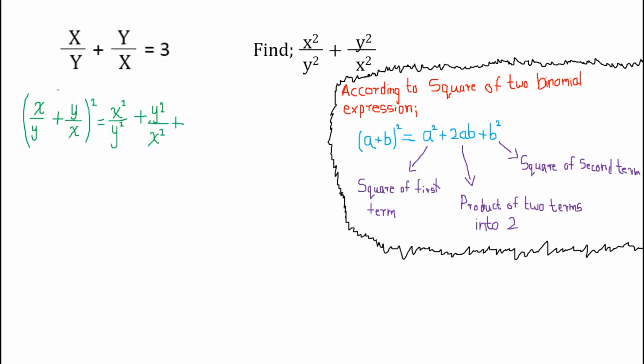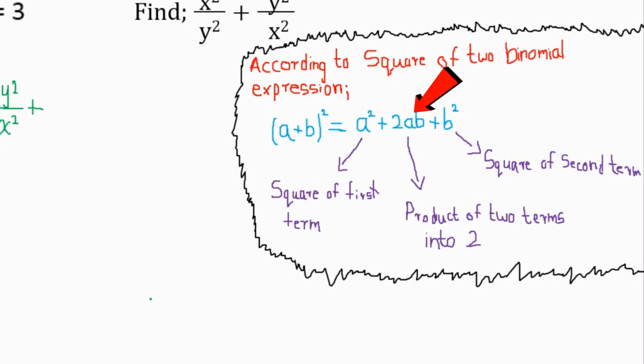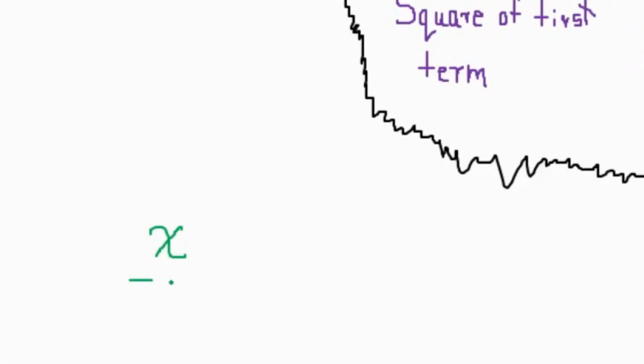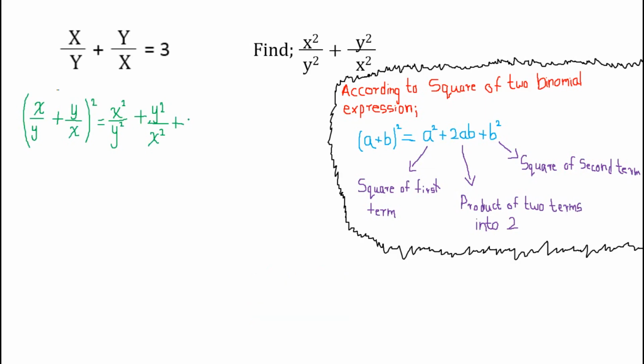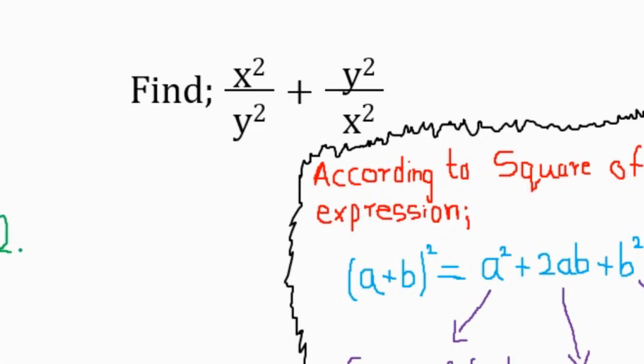But wait, there should be an additional term as 2ab in the example a plus b squared. That's where we take the product of the two terms and multiply it by 2. Then we get our answer as 2. But when we look at the given equation, they have told us to find the value for x squared over y squared plus y squared over x squared.